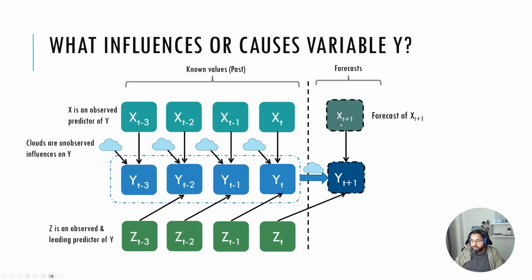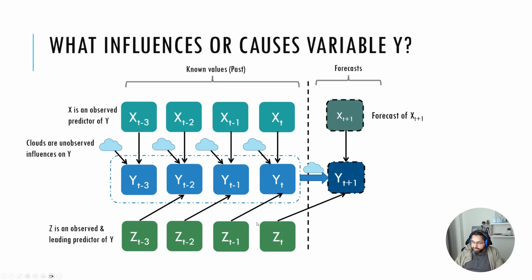If nobody is building that forecast for the next quarter, you can just use the previous quarter's value like X(T), because X(T) is going to have some correlation with X(T+1). They're correlated. So if X(T+1) is unknown, I can just draw an arrow from X(T) to Y(T+1) and try to use X(T). We call this a lagged variable. So I'm using a previous value of a variable to forecast a period in time which is ahead of that old value.